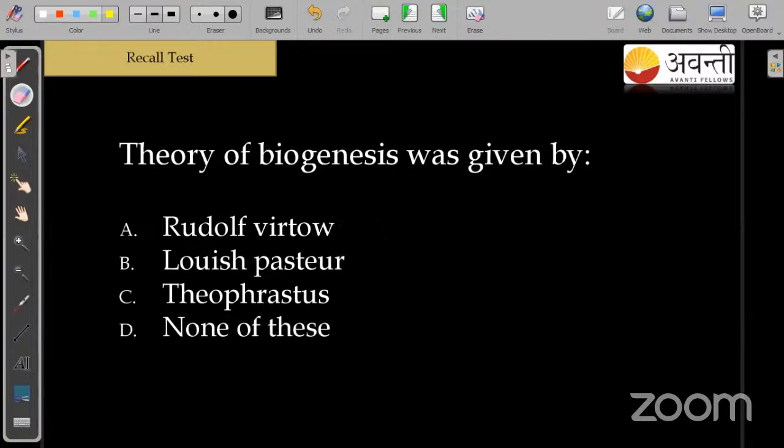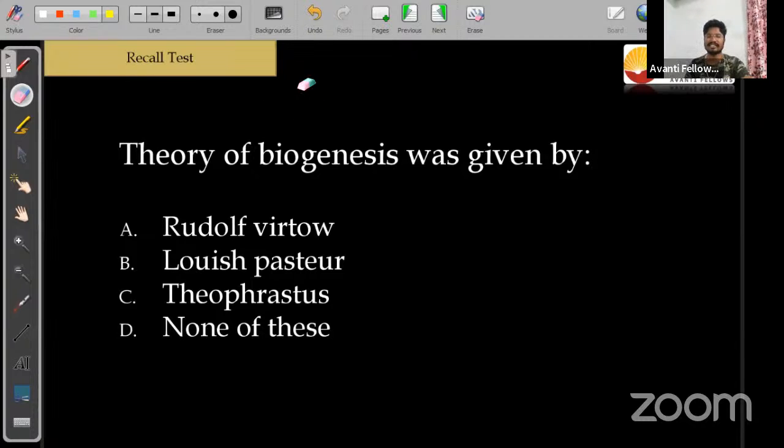Okay, I'm ending the poll now. Sharing the result with you people. Result is that nobody has chosen A, C, and D. Option B is chosen by everybody. And it was a very easy question, so I don't think I need to explain this one once again.